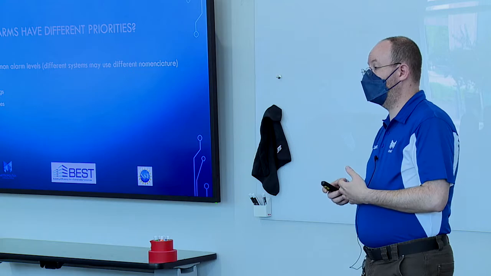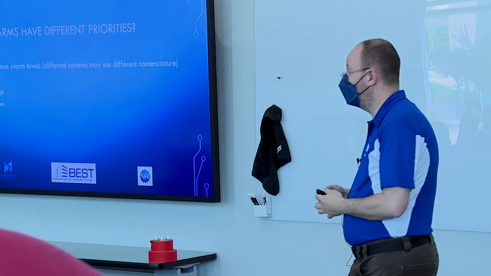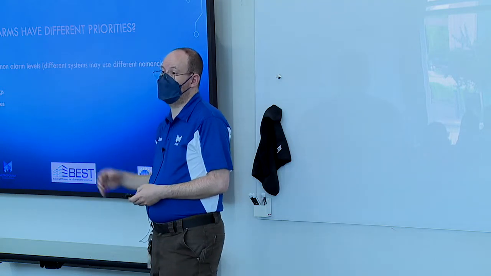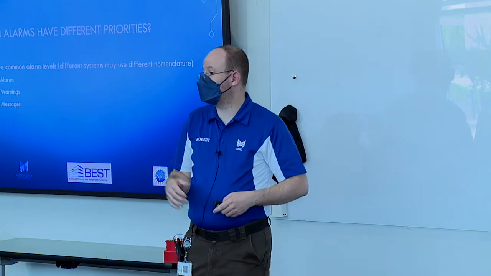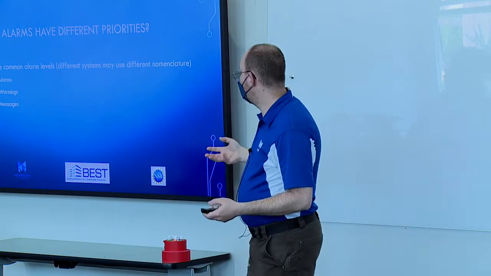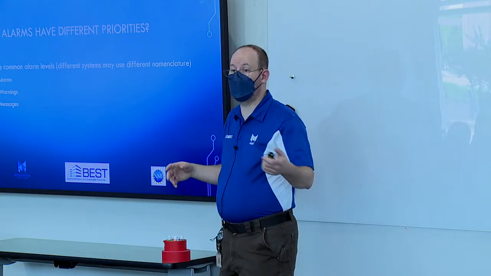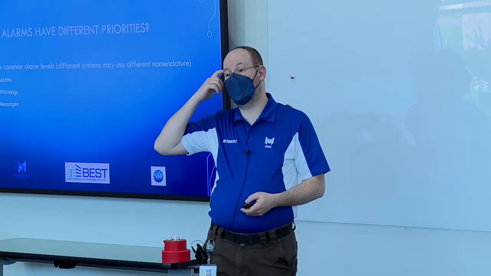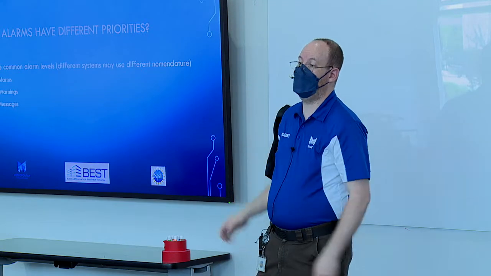Depending on what your control system is, like I said, you may only have one priority, and everything comes in as an alarm. And you've got to deal with how you deal with it past that. Other systems will be limited to 2 or 3 priorities. Some systems have huge arrays of priorities.